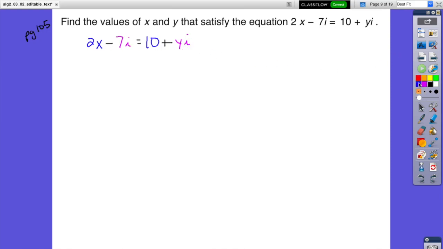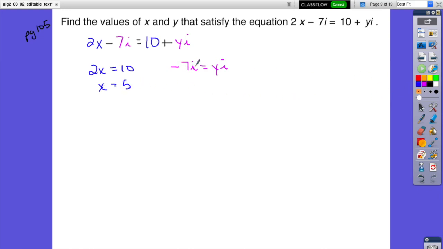Okay, so let's put all the blue parts together. So 2x equals 10, right? And then let's put all the purple parts together, which is going to be -7i equals yi. And then you solve them. So divide both sides by 2, x here is going to equal 5.